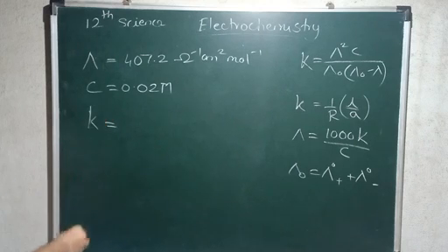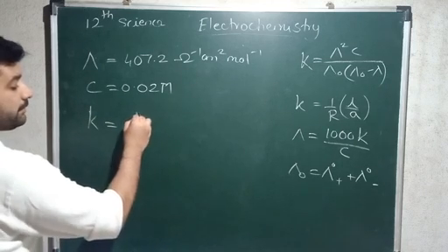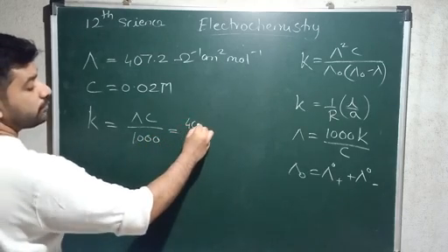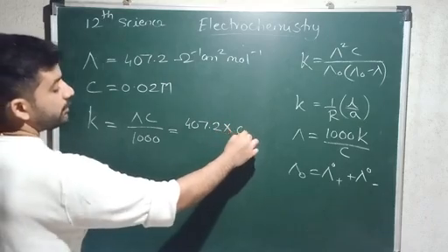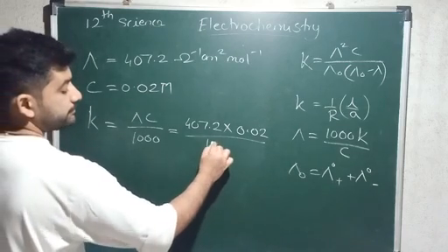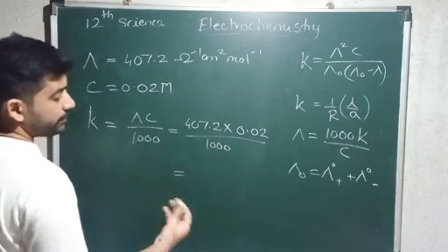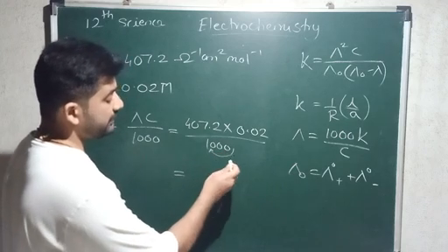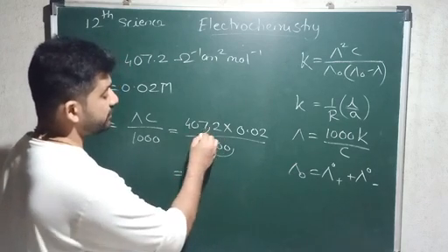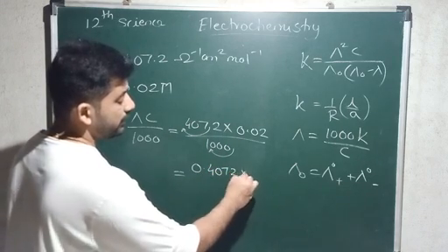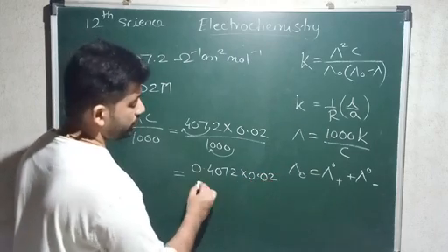So conductivity is equal to lambda C upon 1000. Lambda is 407.2 into 0.02 divided by 1000. Now we can shift the points 3 places to the right hand side, so that will be 0.4072 into 0.02 divided by 1.